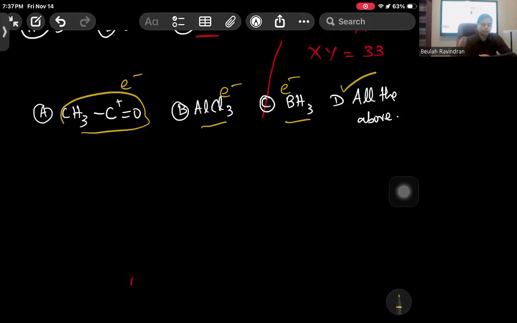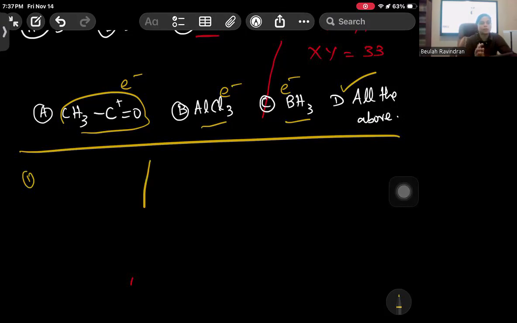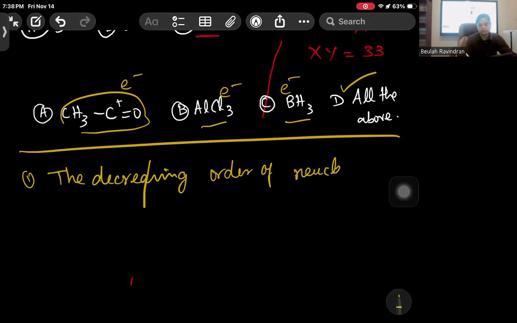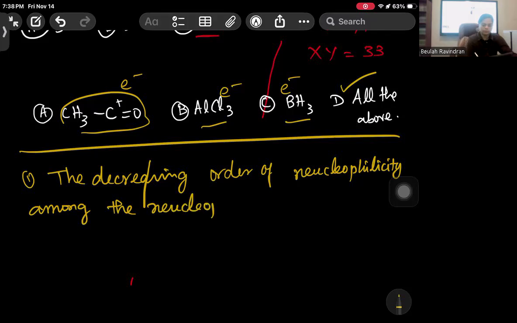Suppose the question is: the decreasing order of nucleophilicity among the nucleophiles. What are the nucleophiles I will give you?